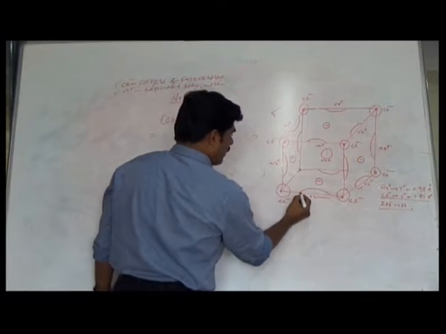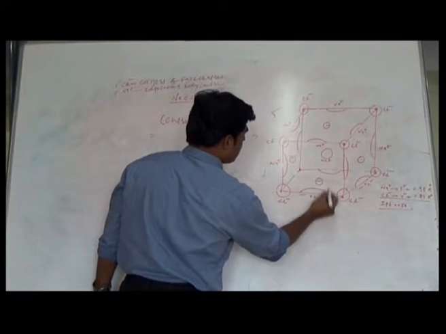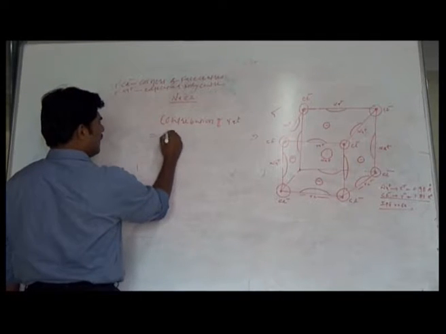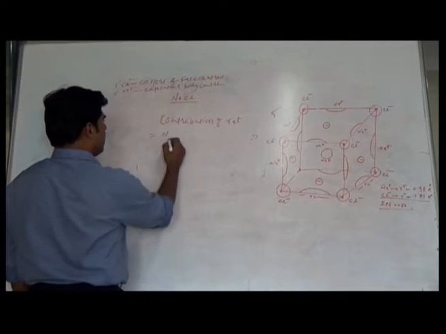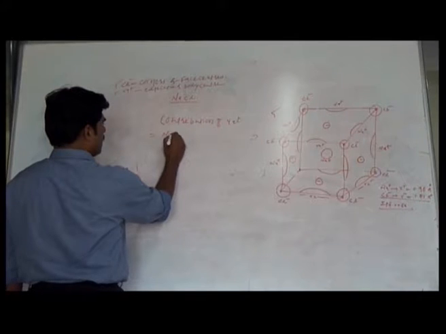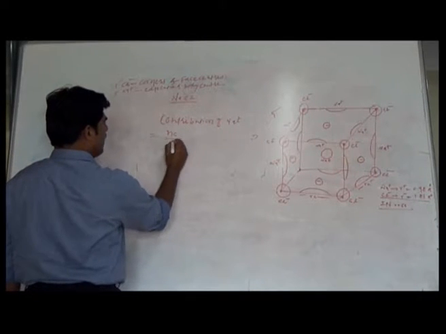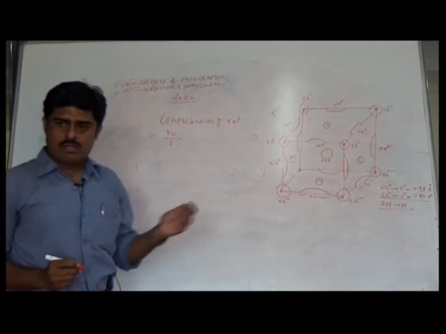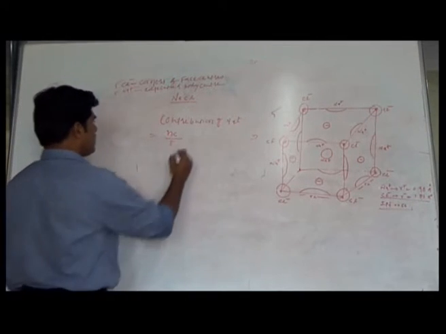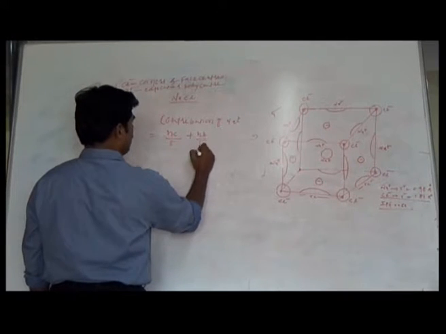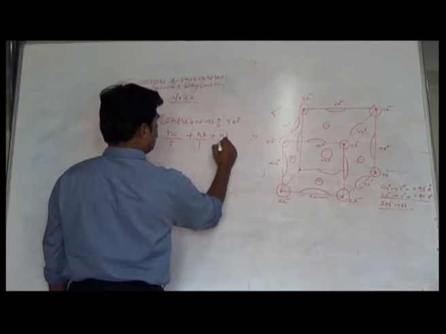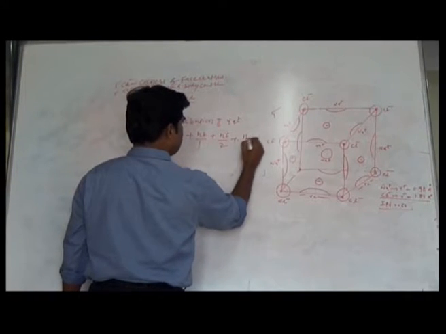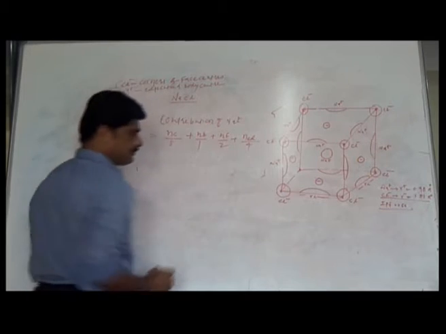Our rule is very clear. This is number of corners divided by 8, because contribution will be divided by 8. Each corner divides the volume into 8 neighboring structures. Then body center by 1, then face center by 2, and finally edge center, which we will call by 4.